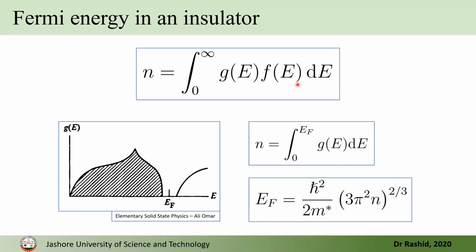Here I don't have f of E because f of E is 1. This is at 0 Kelvin, of course. The f of E is 1 for the conduction, because these are all occupied, so the probability is 100%. These are all empty. So I'm integrating only for the occupied states.